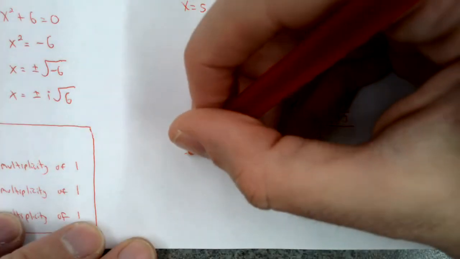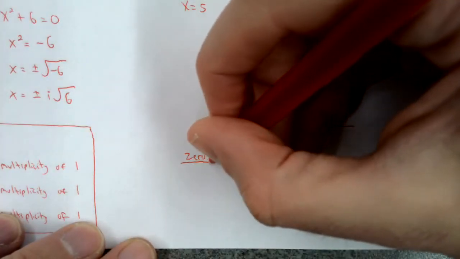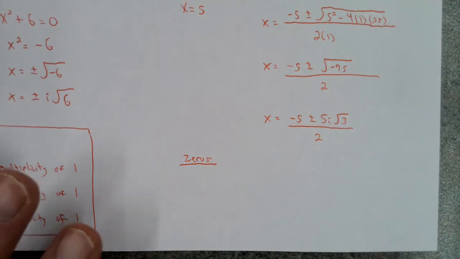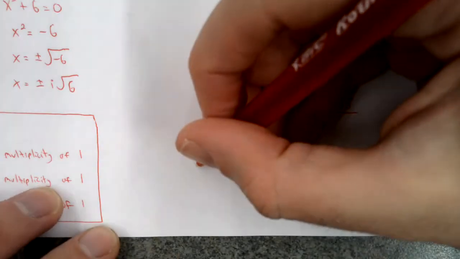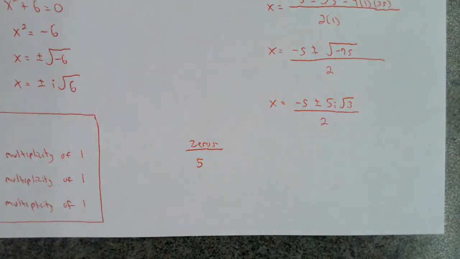So let me write my final answer like this. We have 3 zeros. We have 5. We have negative 5 plus 5i square root of 3 divided by 2.